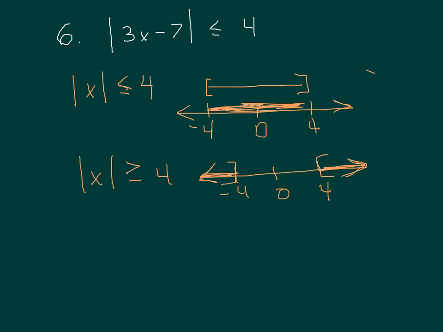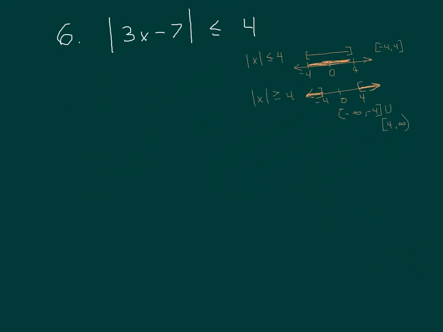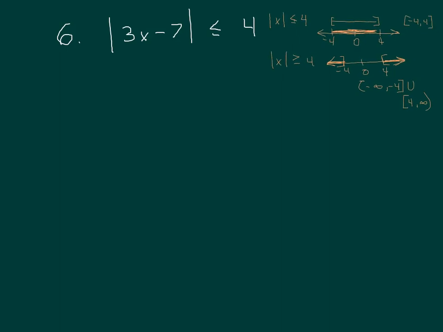In this case, your interval would be a contained interval, negative 4 to 4, and in this case it would be a union, negative infinity to negative 4, union with 4 to infinity. So let's look at the specific problem at hand and put that off to the side.